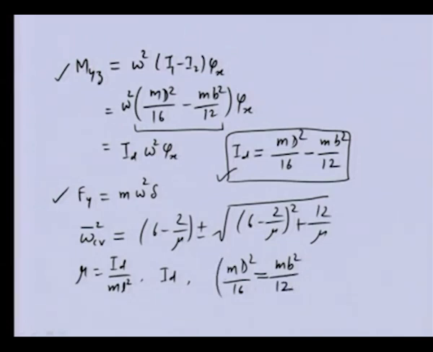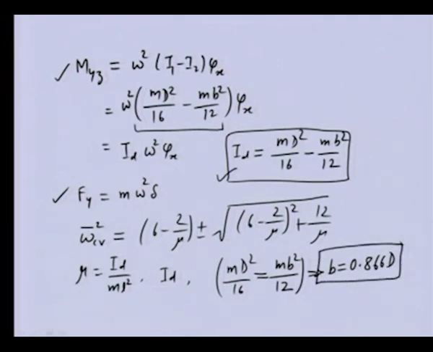If we have this condition for the long stick, then we will see that Id of that particular system will be 0. So, there will not be any gyroscopic moment. So, you can see that the gyroscopic moment becomes 0 if we have this condition, and if we simplify this, we will get b equal to 0.866 capital D.